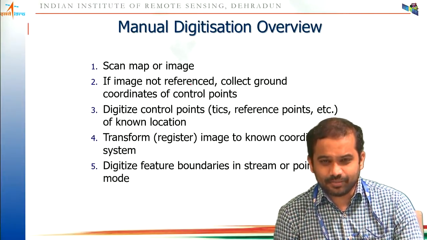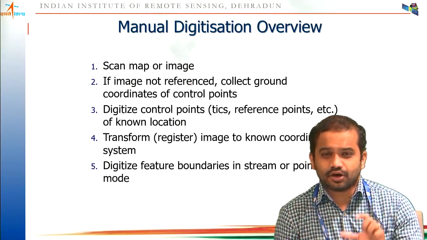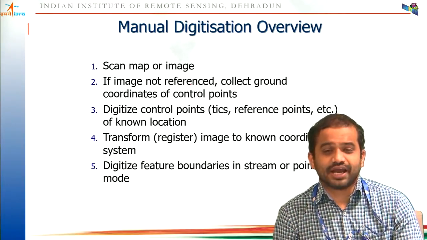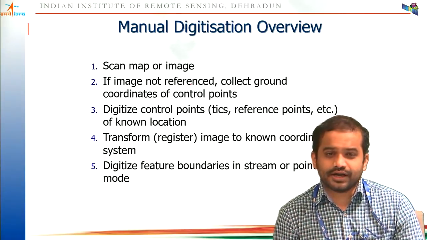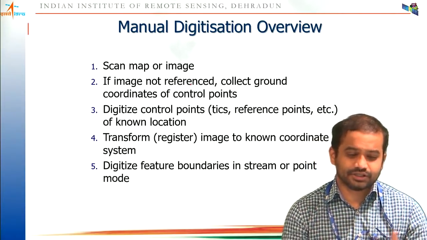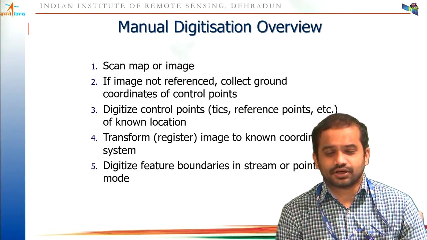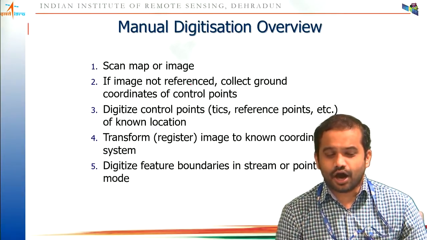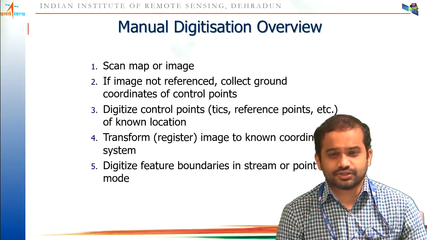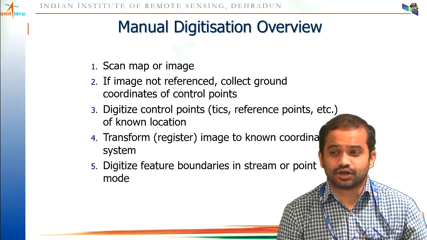Once I get the transformation matrix parameters which can convert image coordinates into ground coordinates, I can apply this whole transformation to the entire image, and then the output image will be georeferenced. Now for every place in the image you will get the ground coordinate.